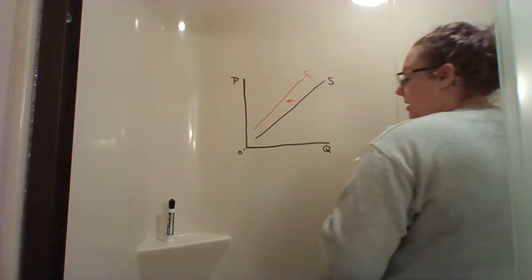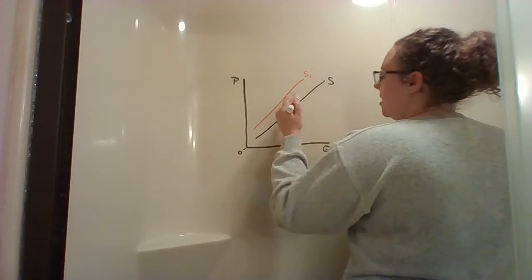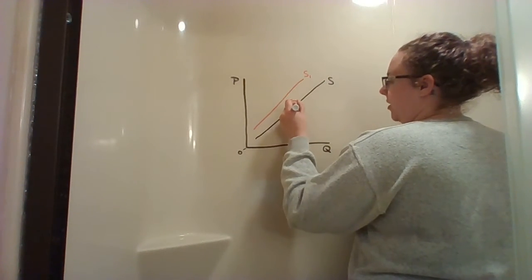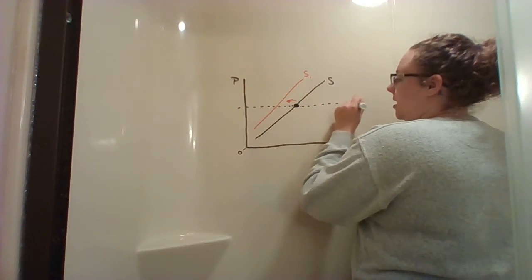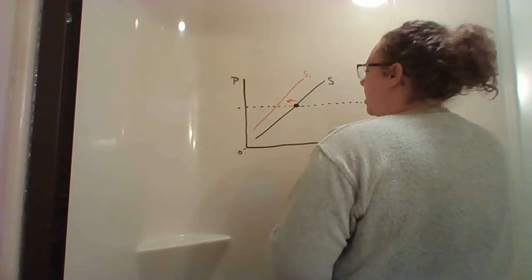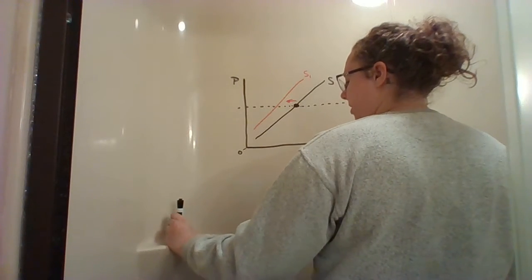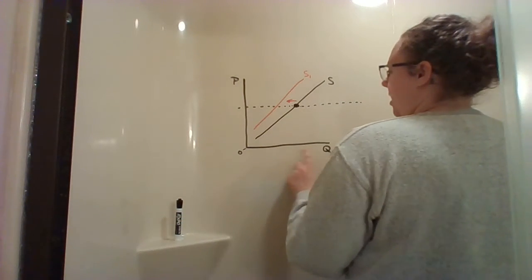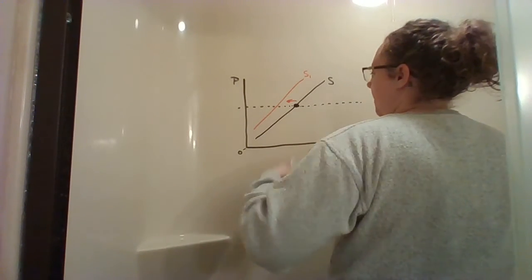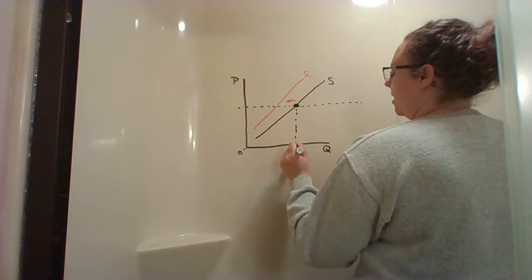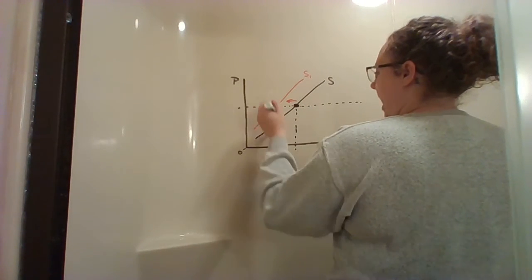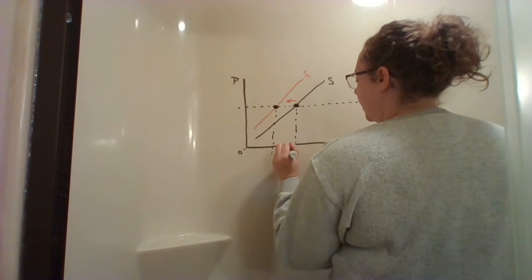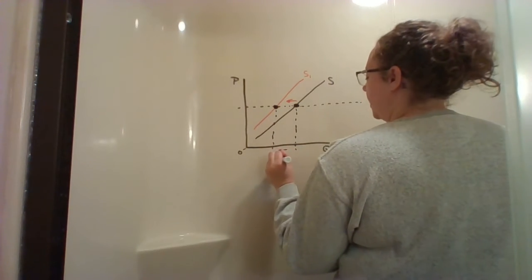What I mean by the price never changes is, if we had a dot right here to start with at our equilibrium, that spot at price is never going to change no matter which way we shift the line. The quantity is the only thing that's going to be changing. So when supply is moved over to the left, supply decreases.